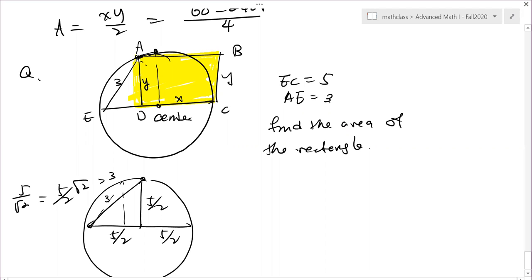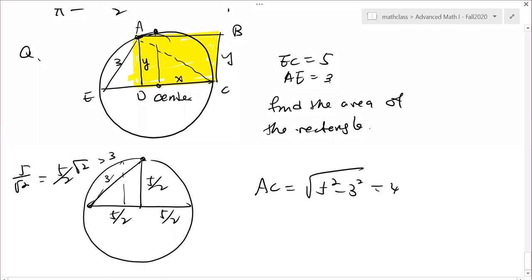So you need to draw another line, right? This will also be the diagonal of the rectangle, right? So what is the length? First of all, figure out AC. AC by the Pythagorean theorem, 5 squared minus 3 squared, is 4. So AC is going to be 4. Then you get x squared plus y squared equals 4 squared, right? But that's not enough. We want to find x times y, all right? What else? We haven't used, yeah, let's try.